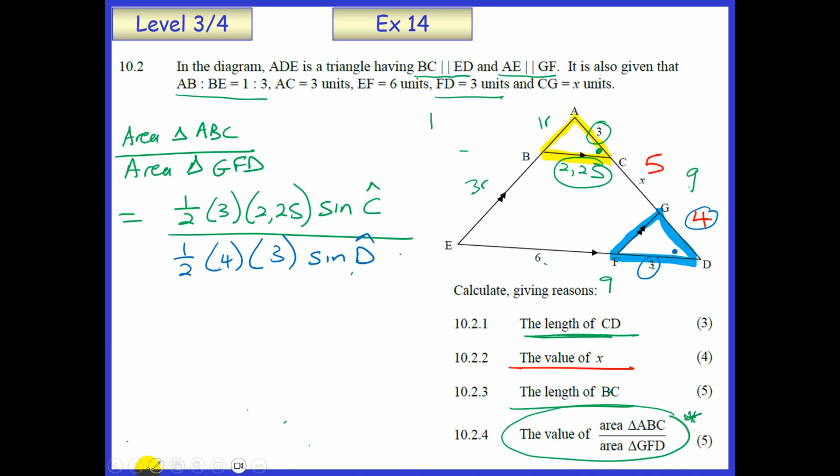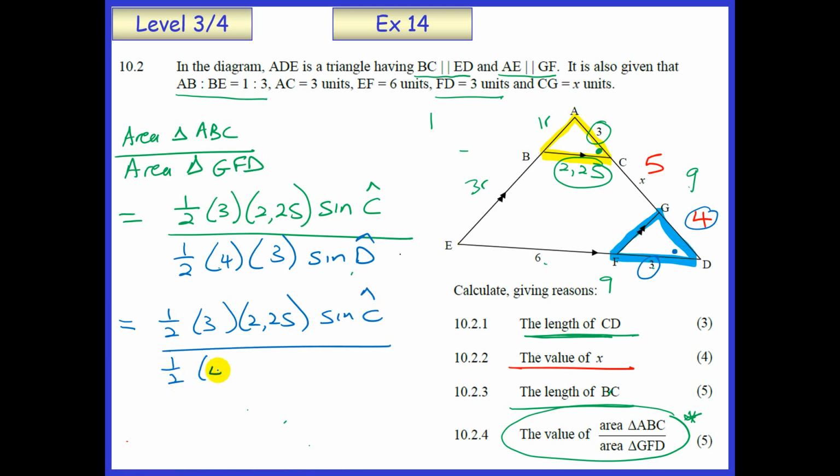So we can make a note there. And now say that half of 3 times 2.25, and remember, angle C is equal to angle D, corresponding angles.